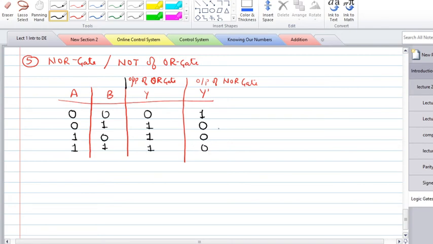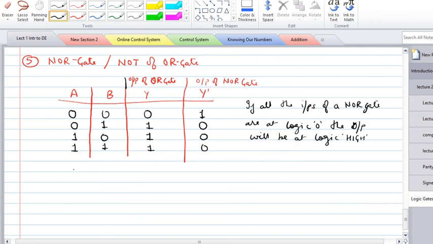Then it means the property of NOR gate is that if all the inputs of a NOR gate are at logic 0, then the output will be at logic high or logic 1.